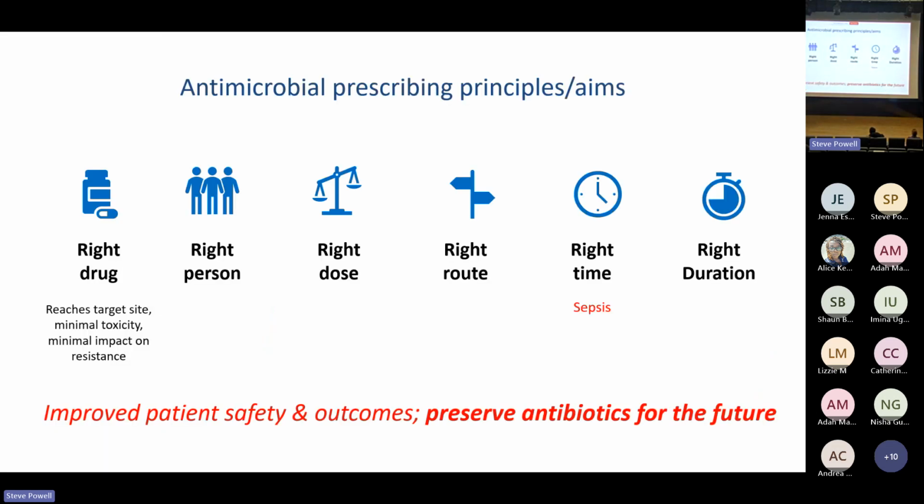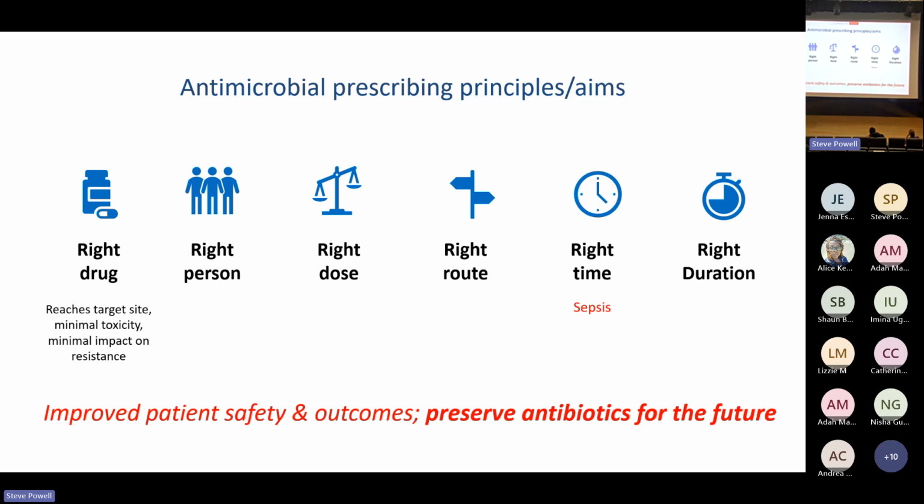So what we want to do in our day-to-day work, as a build-up here to other people than me talking, is to make sure in stewardship terms our aim is always to give the right drug. So it's got to reach the target site with minimal toxicity, minimal impact on resistance. The right person: are they allergic?